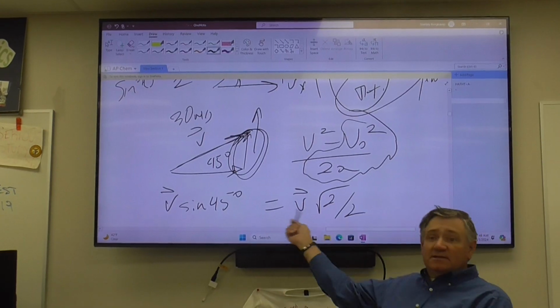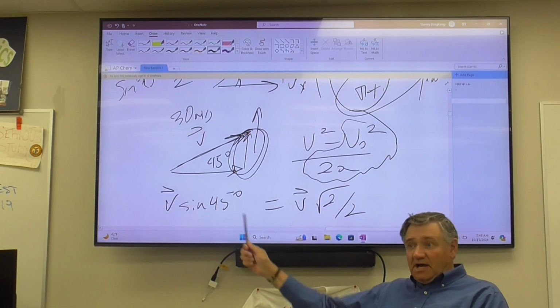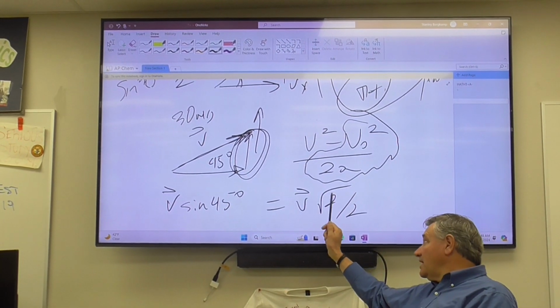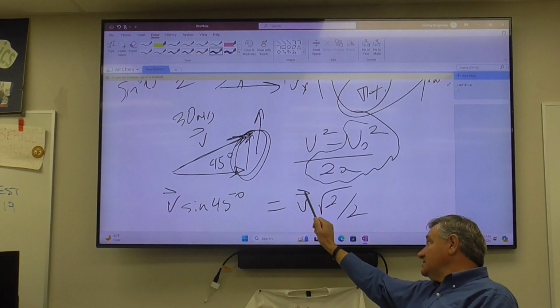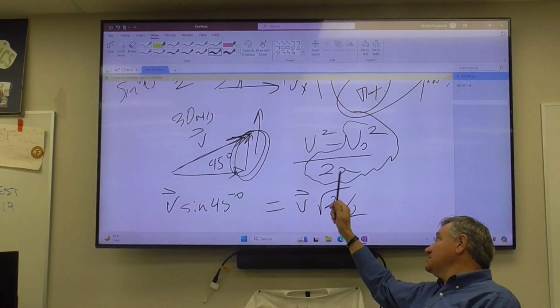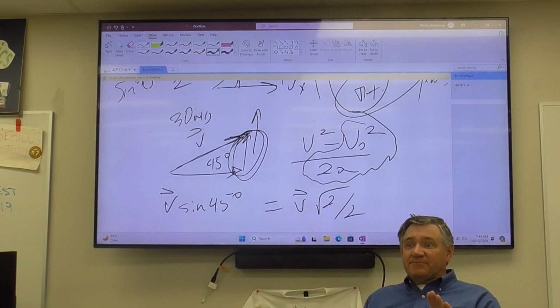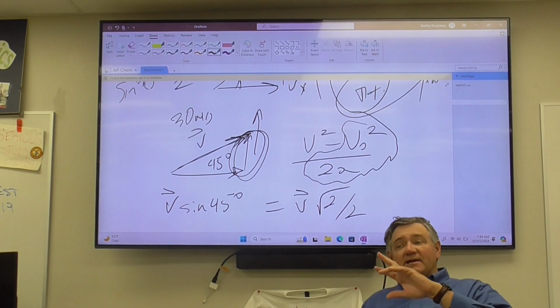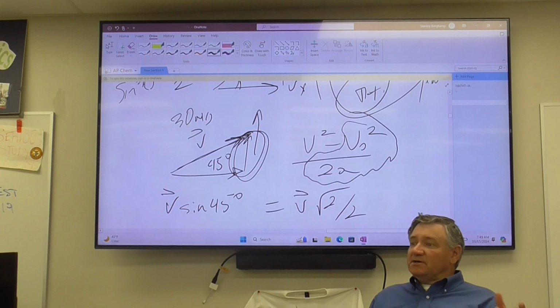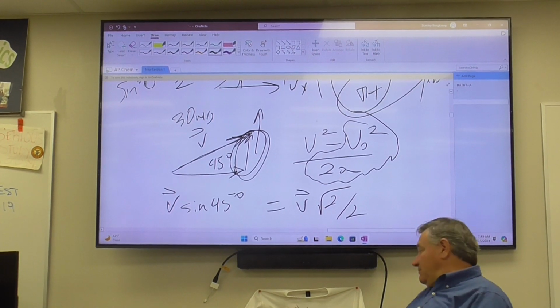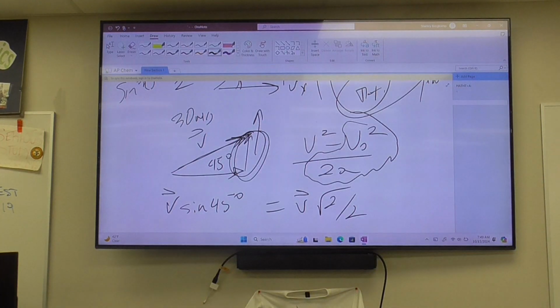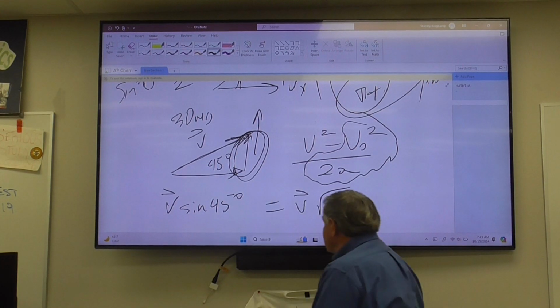These two things mean the same thing, okay? Sine of 45 times velocity is the exact same thing as velocity times the square root of 2 over 2. It's an equivalent statement, okay? But you lose that because you're just so used to plugging numbers into a calculator.